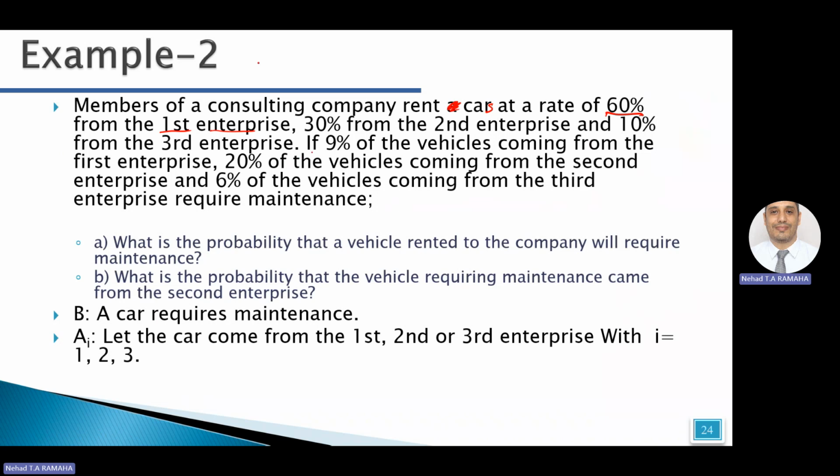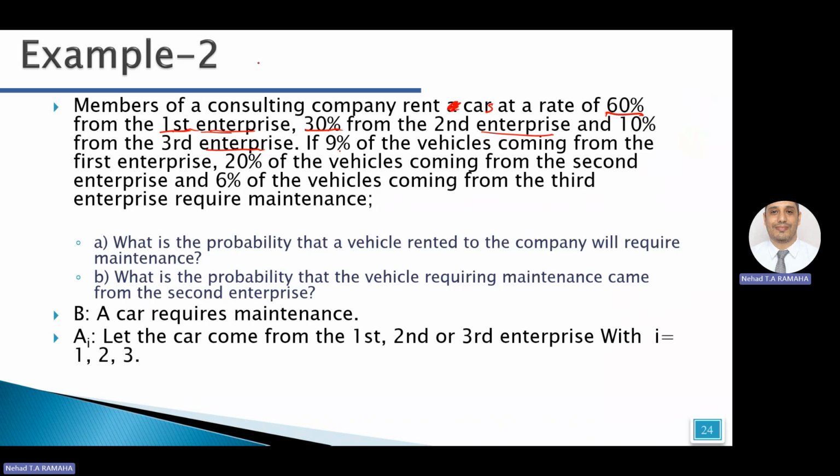So we have a company, a consulting company, any company, renting cars from 3 different rental companies, okay? 60% of the cars come from the first enterprise, or the first rental company. 30% come from the second enterprise and 10% come from the third enterprise.